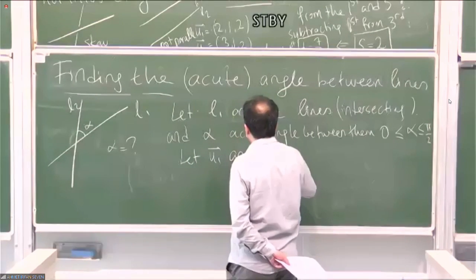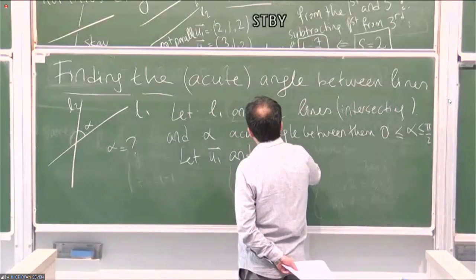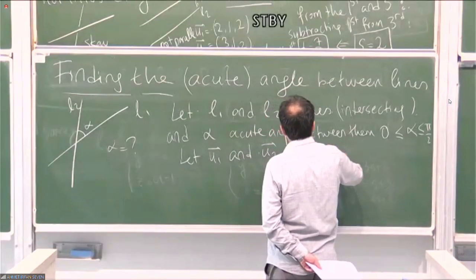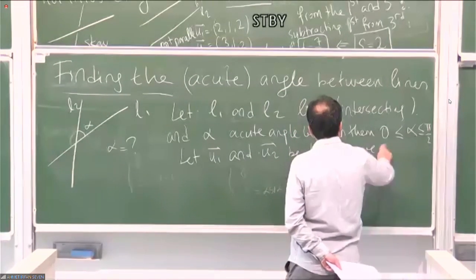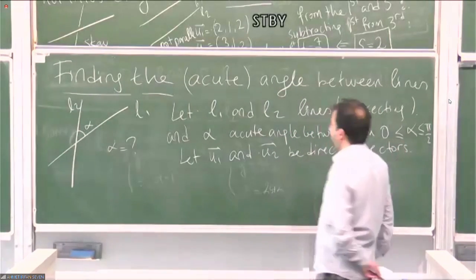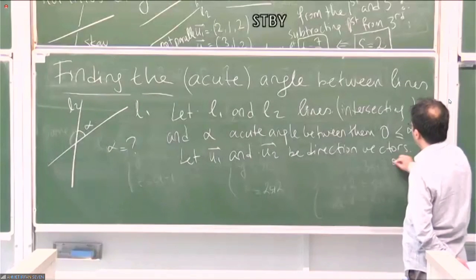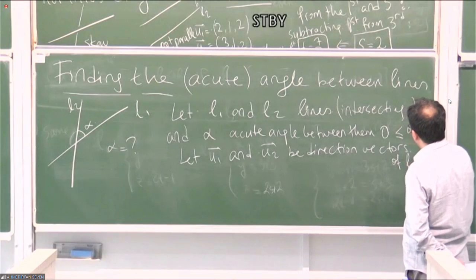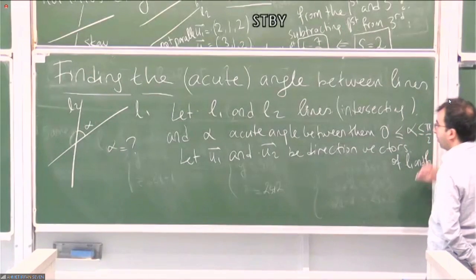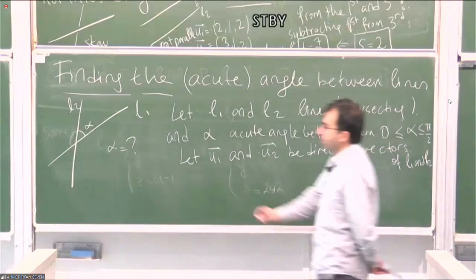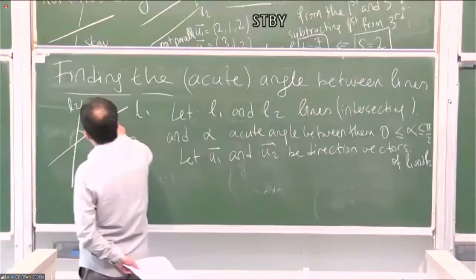So let u1 and u2 be direction vectors of these lines, of L1 and L2. So it will be, for example, like this.